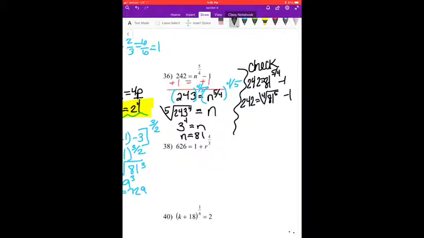So the 4th root of 81 is 3, and 3 raised to the 5th power is 243. And 243 minus 1 is 242. So n equals 81, works out.